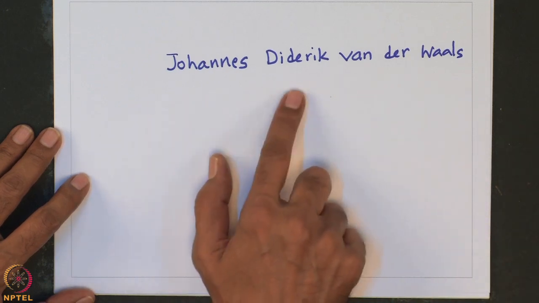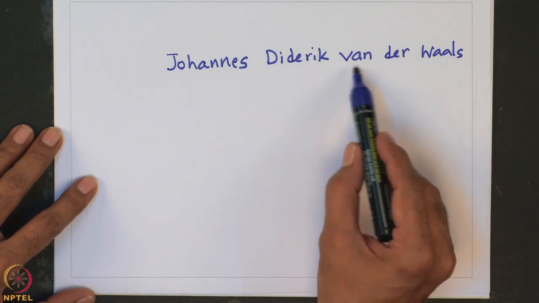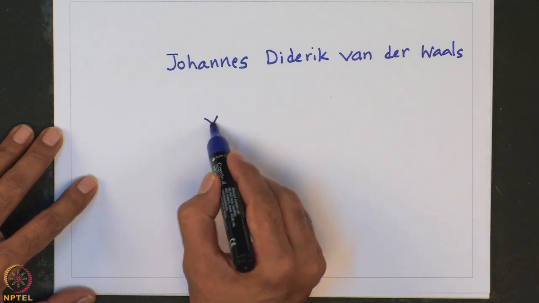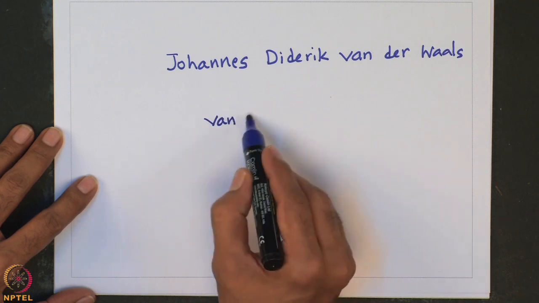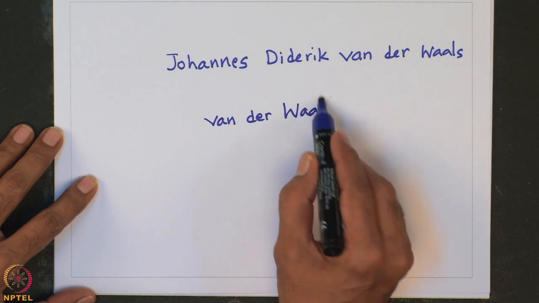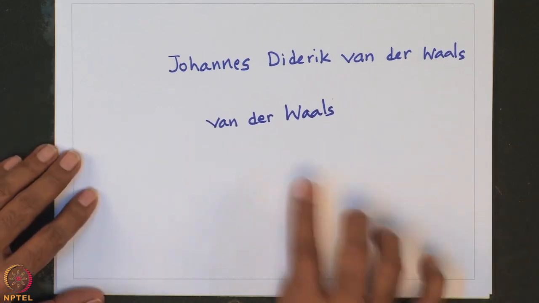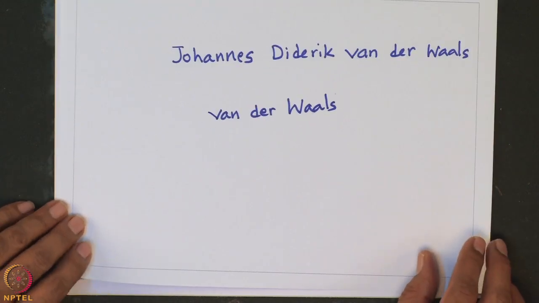When we write it shortly, we have to write it this way. That means we should remember small v and small d and capital W. This is how one should write it, and one should not forget this. Often I have seen students making mistakes while writing his name.